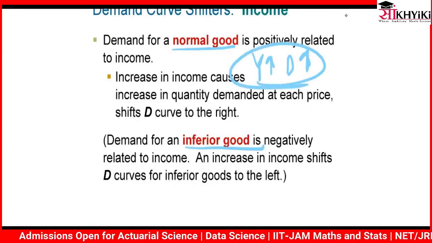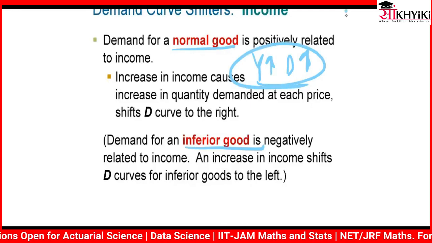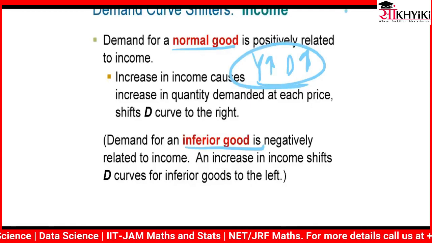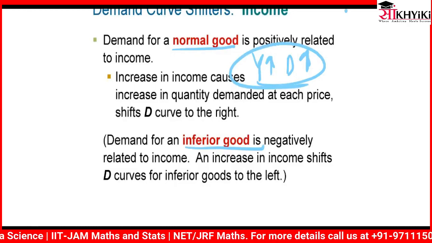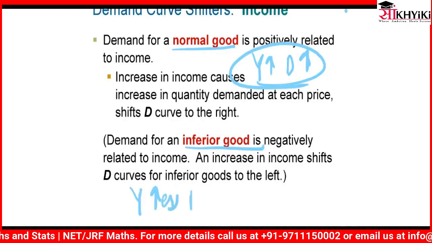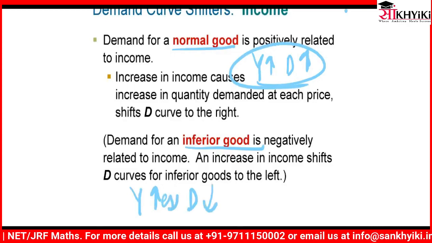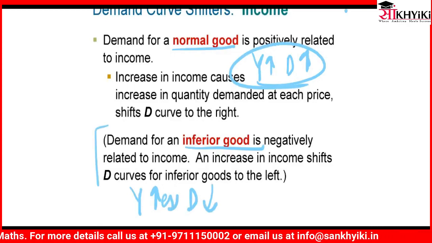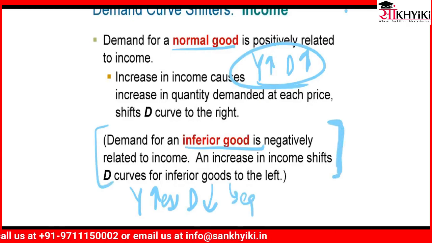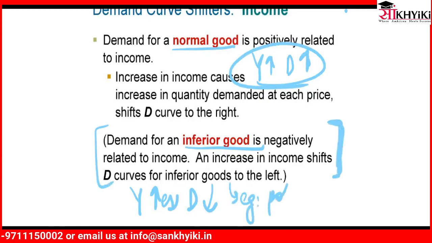So when my income increases, I increase the demand of the good, and that becomes a normal good. Now, an inferior good is a good where when my income increases, demand decreases. So an example of this that I've already quoted is an example of a country where we were consuming potatoes and meat.